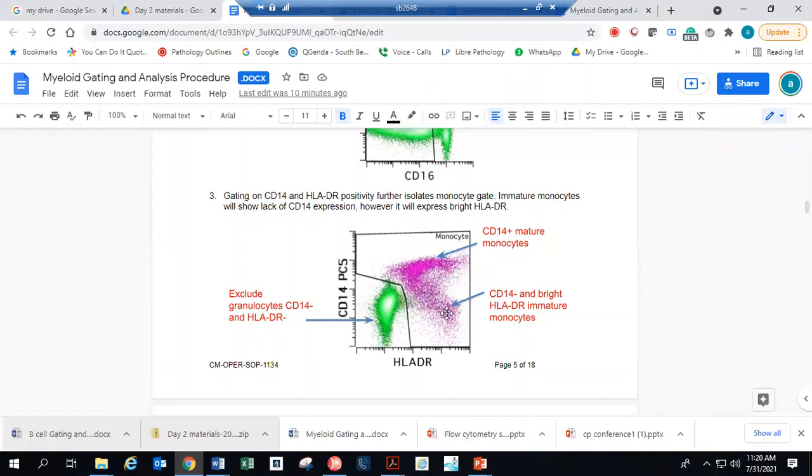Also, remember that granulocytes will be dim CD14. Yesterday I was telling about that. To differentiate from the monocytes, mature monocytes especially, the granulocytes will be CD14 negative. As I have been emphasizing, HLA-DR will be brighter in case of monocytes as compared to the granulocytes.